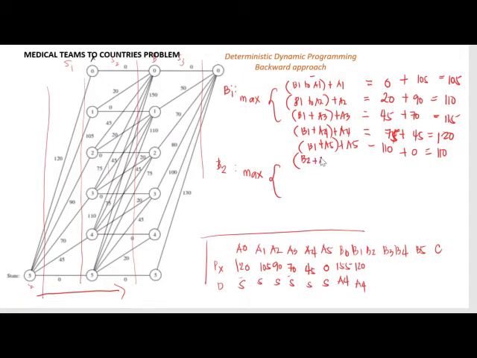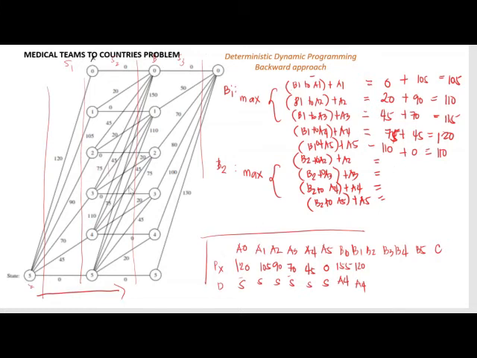B2 to A2 plus A2, B2 to A3 plus A3, B2 to A4 plus A4, B2 to A5 plus A5. Okay.